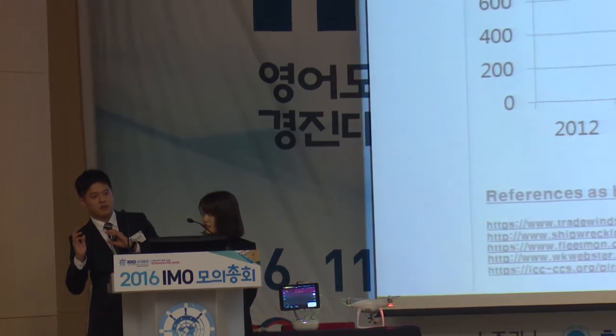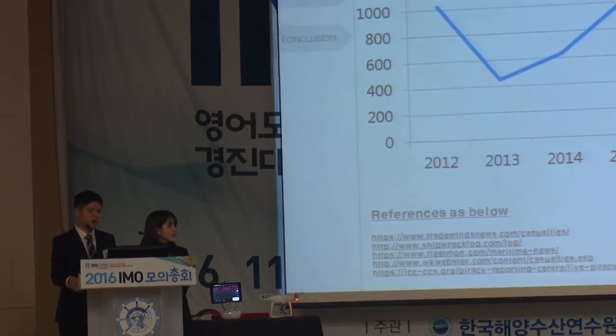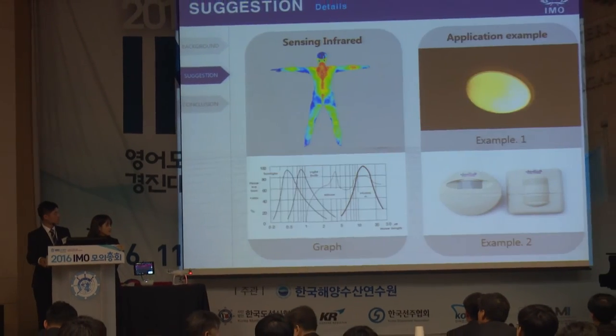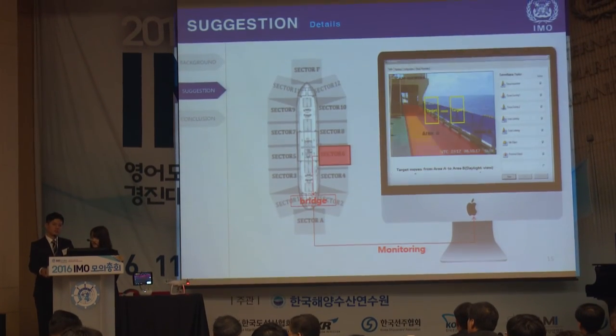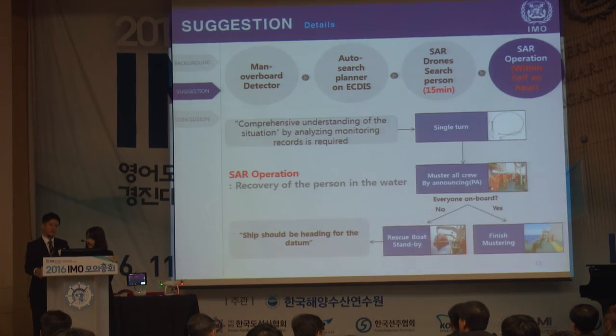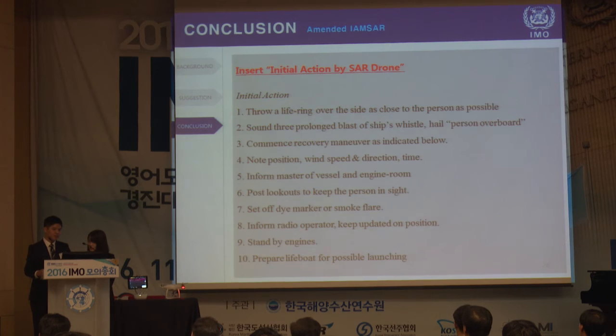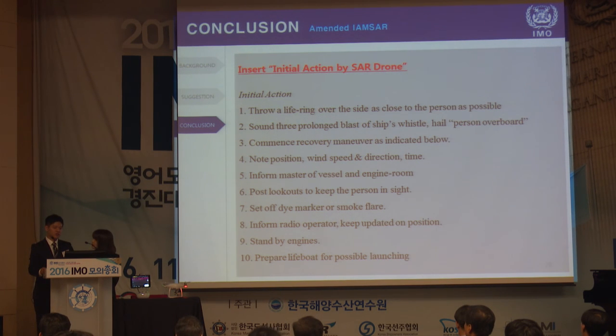But the existing IAMSAR manual is saying the immediate action, and after the immediate action, there are some procedures the duty officer has to follow, like throwing out the SART or lifebuoy or smoke signals. But it's only for immediate action. It's only when we know the time the man overboard situation has taken place.